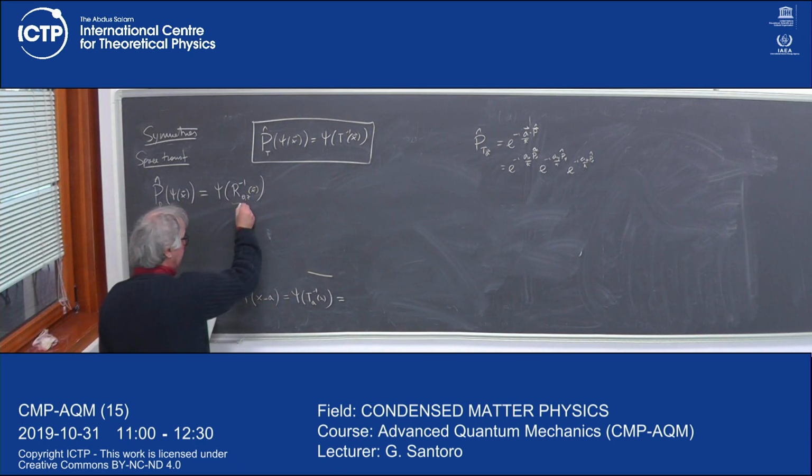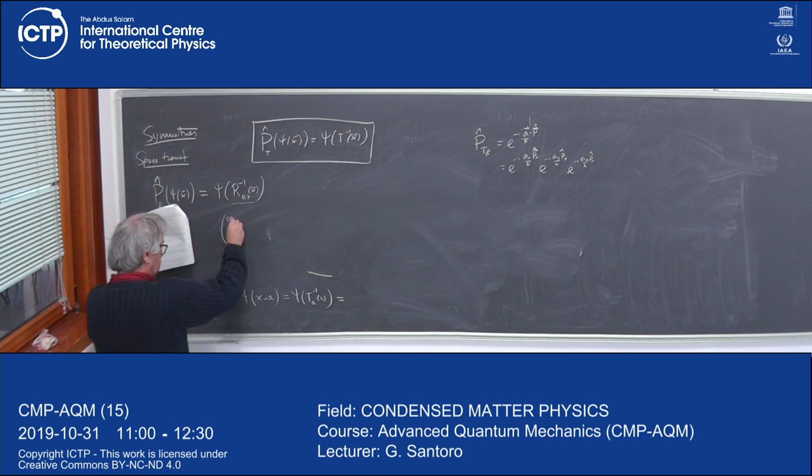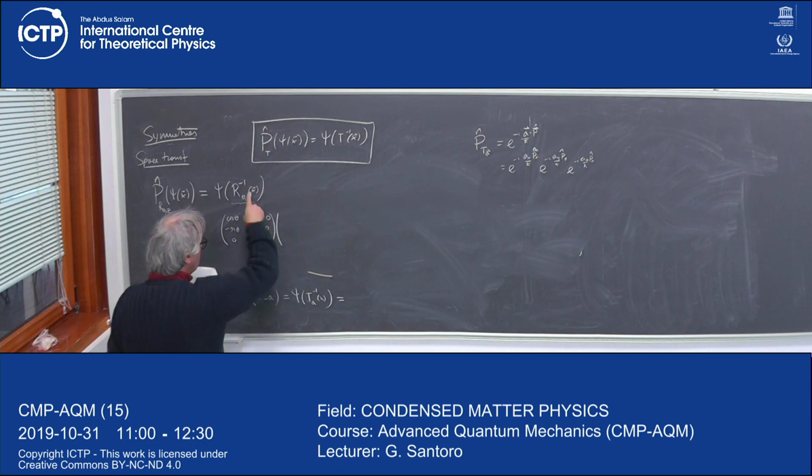But we know what the rotated back point is. This is simply equal to the inverse of the rotation matrix, which is cos theta, minus sine theta, the transpose. Before I wrote the minus here, now I wrote the minus here. Then 0, 0, 1, applied to x, which is x, y, and z.